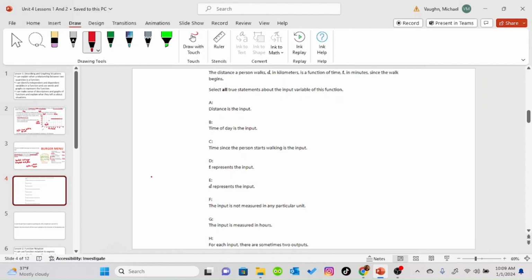So, remember, anytime I see "is a function of," what comes before it, the distance a person walks in kilometers, is my dependent.